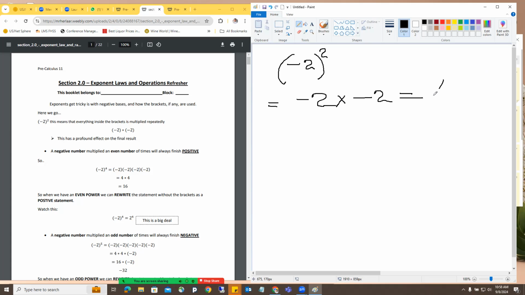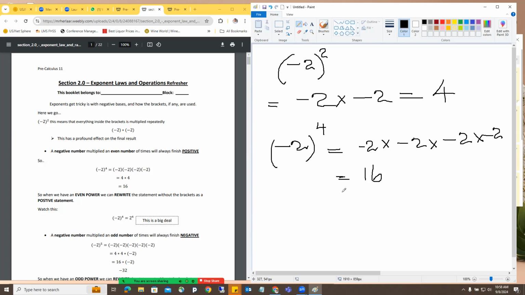Minus 2 times minus 2 means 4. That is correct. And if we have minus 2 to the power of 4, then minus 2 should be multiplied by itself 4 times. Minus 2 times minus 2 is 4, 4 times 4, that is 16. That is clear.